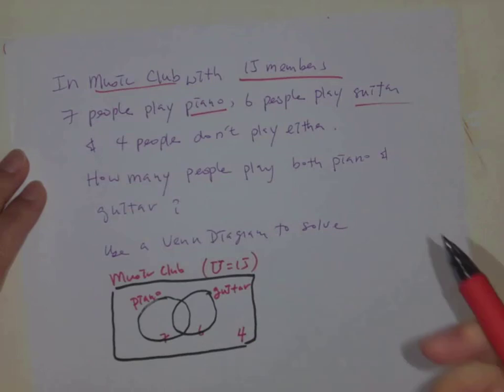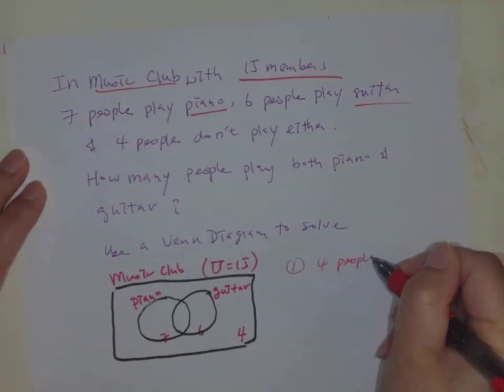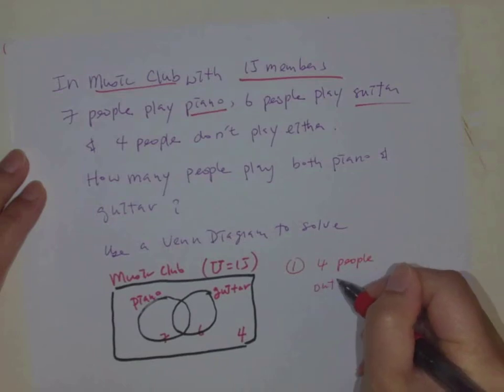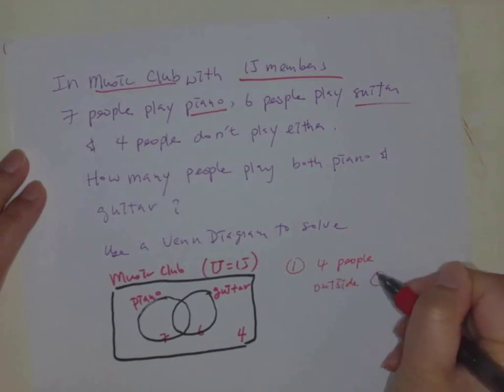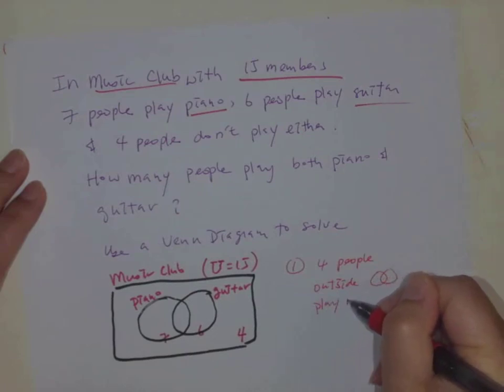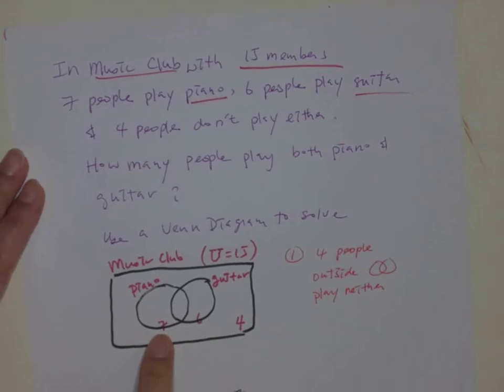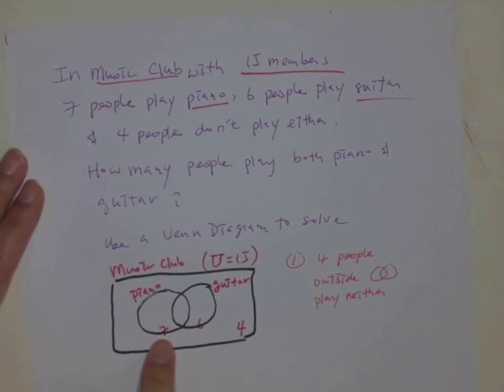So the first thing I can put is 4 people outside of the 2 circle, right? Because they play neither. Alright, so now if I add them together, 4 plus 6 is 10 plus 7 is 17, so that's some overlapping, so that doesn't work with the 15 as total.